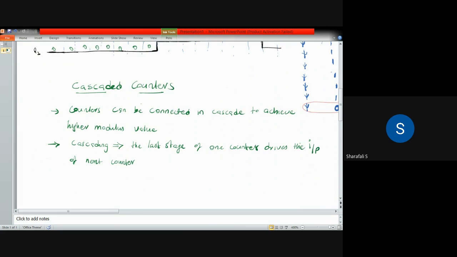So basically we are connecting, for example, 2 counters.